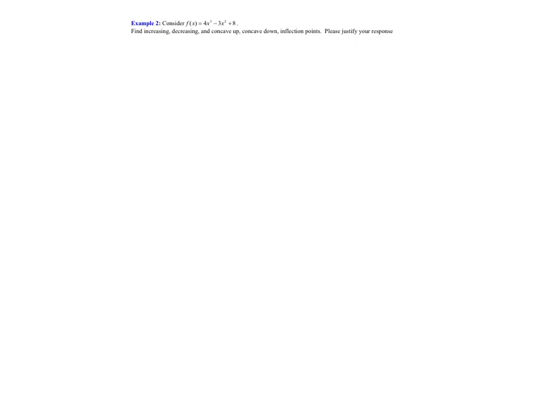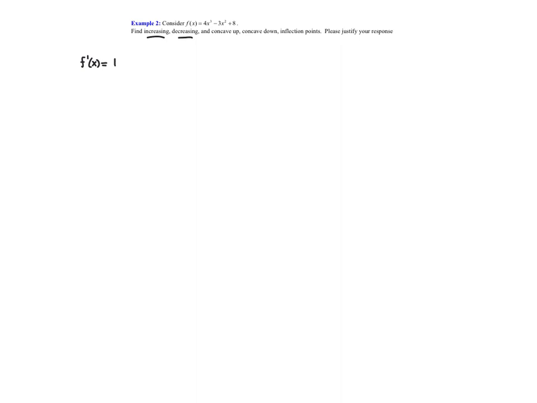All right, got another polynomial on our hands here in example 2. It says find increasing, decreasing, concave up, concave down, and inflection points. So increasing, decreasing, I'm just going to do with f prime. Since f prime and f double prime will exist for all values due to the fact that we're working with a polynomial, we don't have to worry about the derivative not existing.